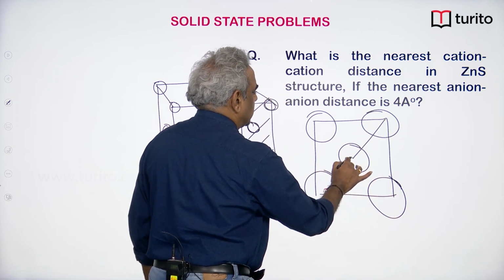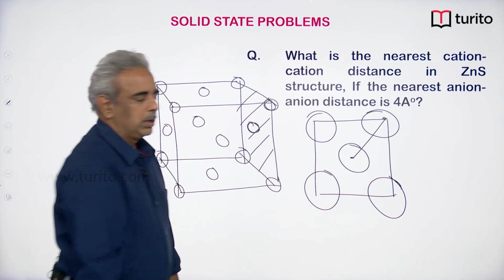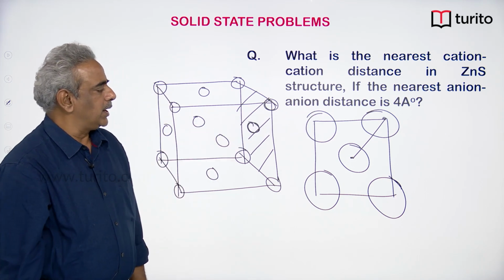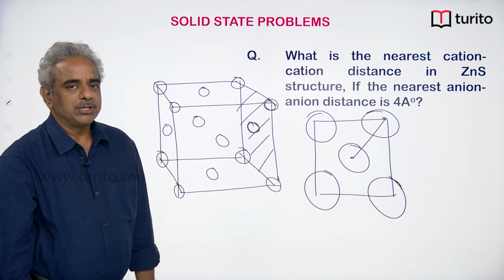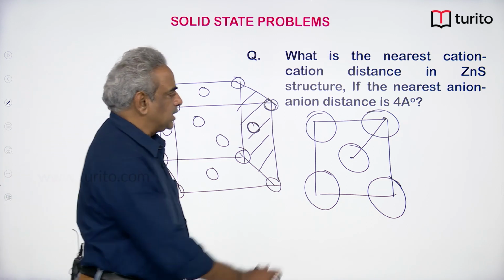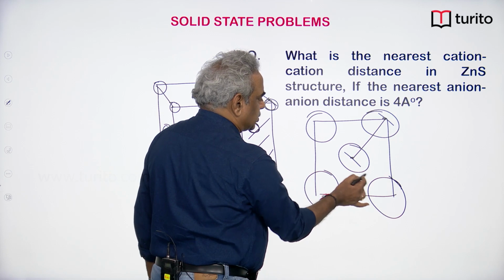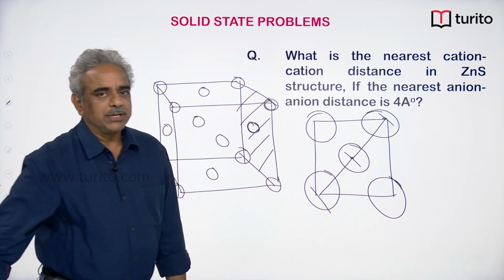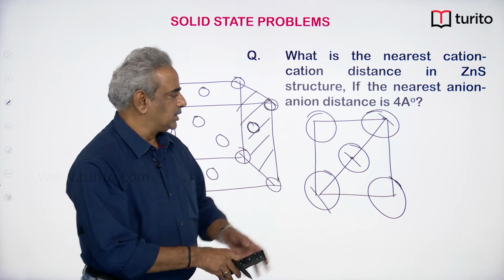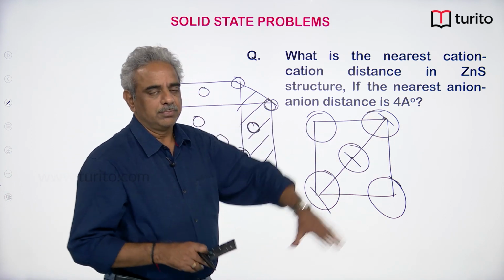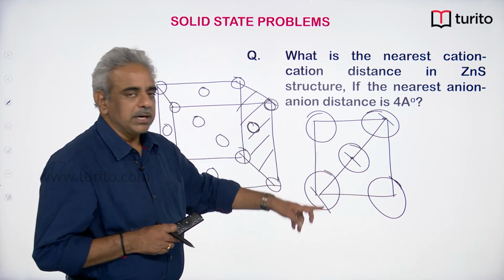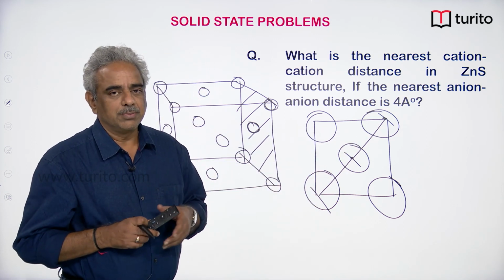This is the nearest anion distance. He gave that nearest anion distance as 4 angstrom units. Means what? If this distance is 4 angstroms, this distance is 8 angstroms. Nearest anion distance is 4 angstroms. So, the complete face diagonal distance is 8 angstroms.